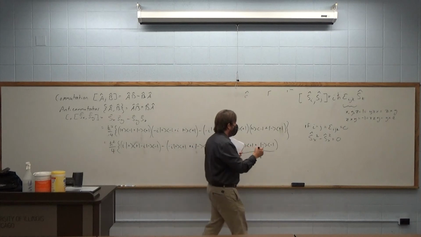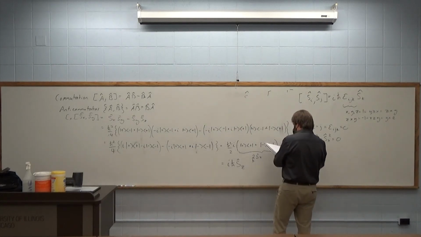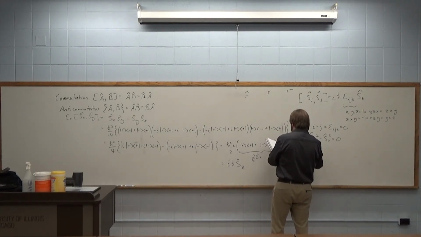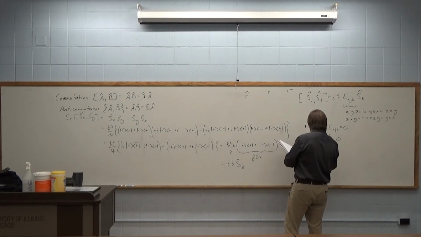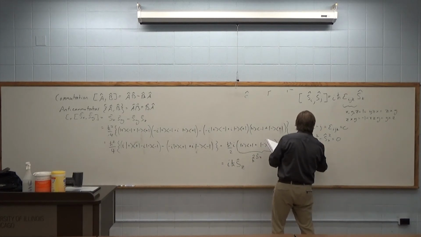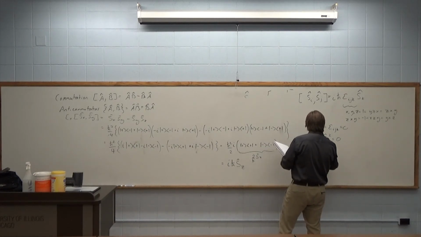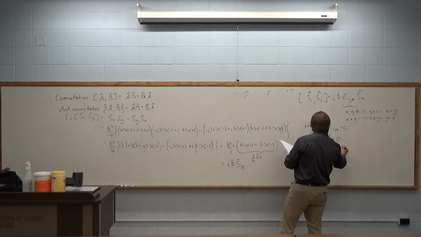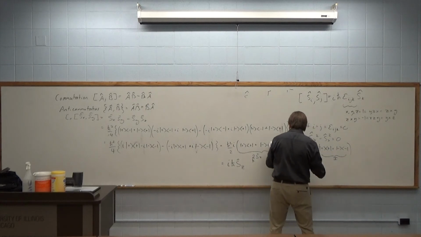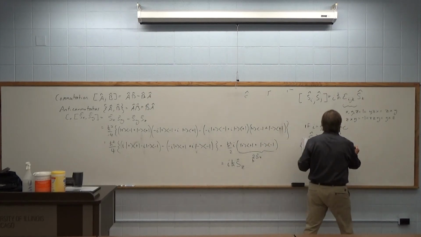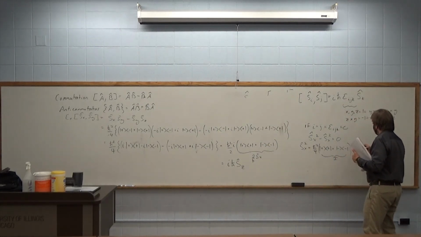Okay, now that you've seen this, you can see how to multiply these operators out. I want to point out one thing that's kind of cool, which is that Sx squared, if you do all this, you're going to get h bar squared over 4 plus, okay, but you know this is the identity operator. So this ends up being h bar squared over 4.